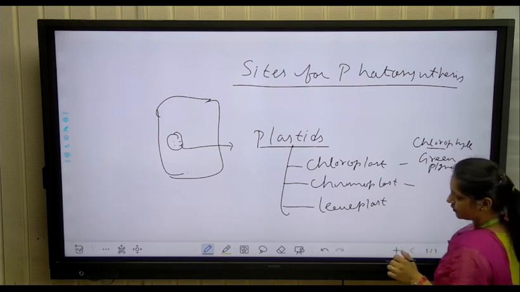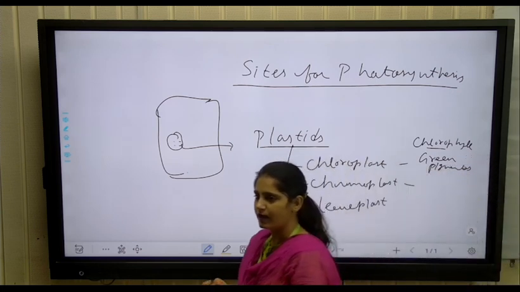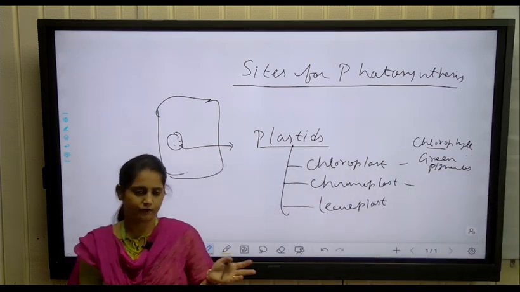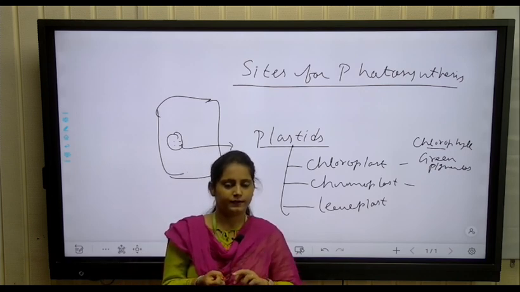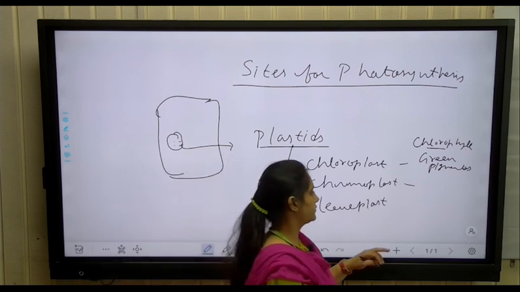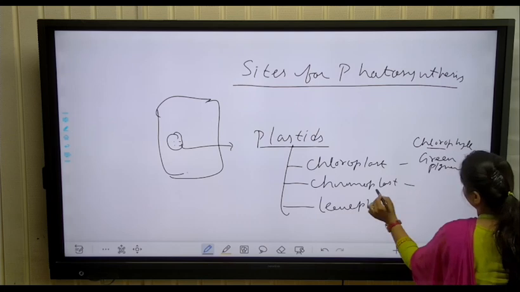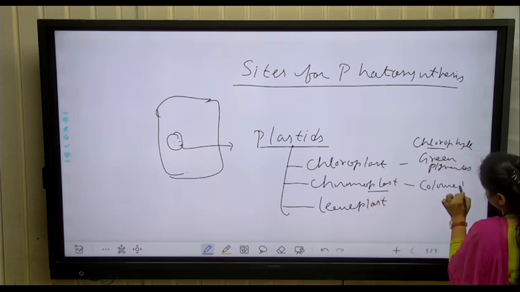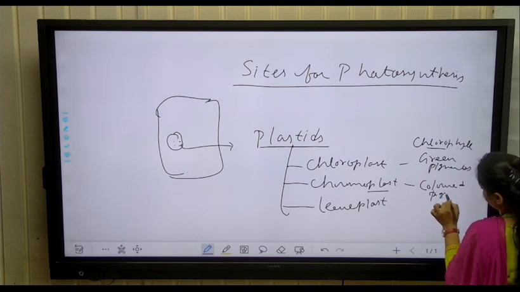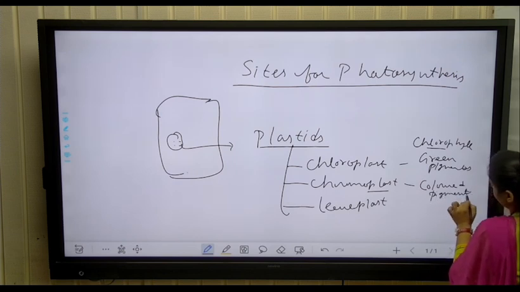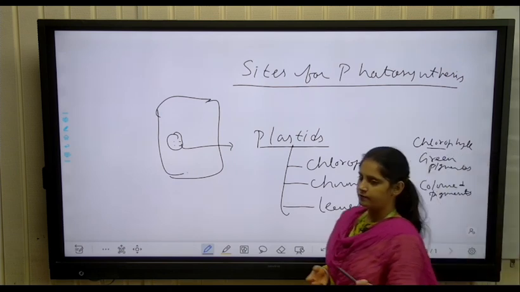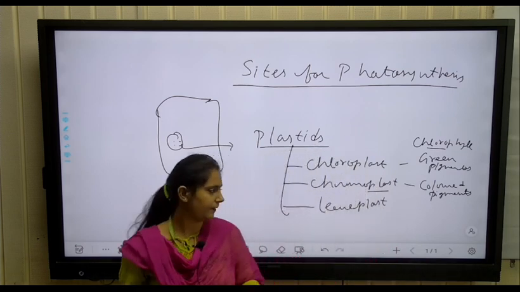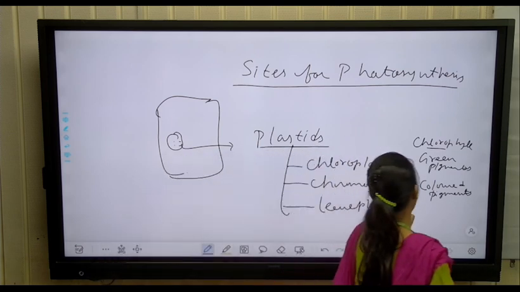Chromoplasts are responsible for the different colors of flowers, like yellow, red, purple, white. That is because of the presence of chromoplasts, which provide colored pigments, and these are mainly present in flowers and fruits and other parts of the plant which are not green. And the leucoplasts are colorless.